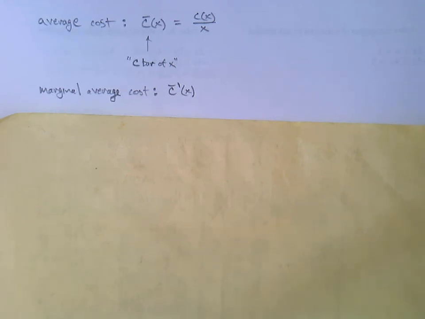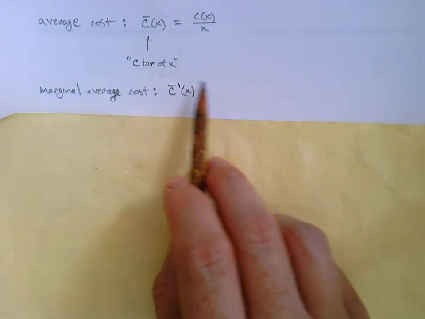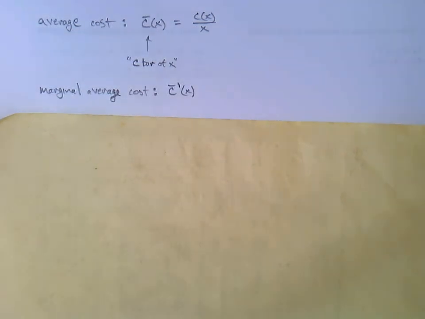And it's an approximation for the cost of that next unit. So think of the margin as like how much you have to jump from one unit to the next. Or here, how much you have to jump from one unit to the next, but thinking in terms of an average cost. So how much would the average cost go up or down from one unit to the next?